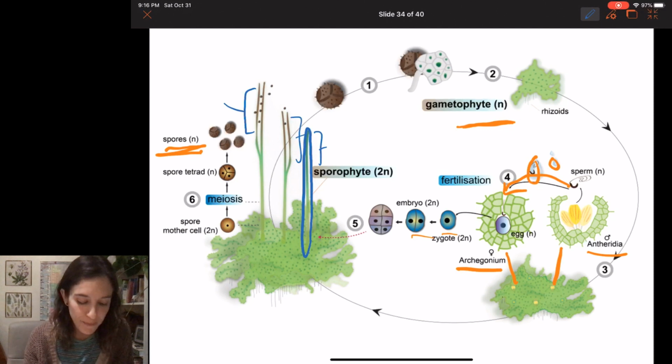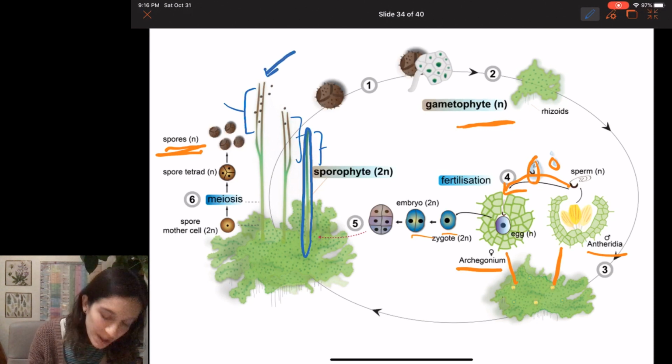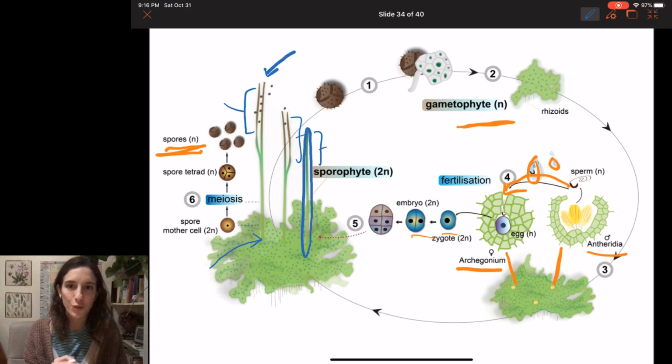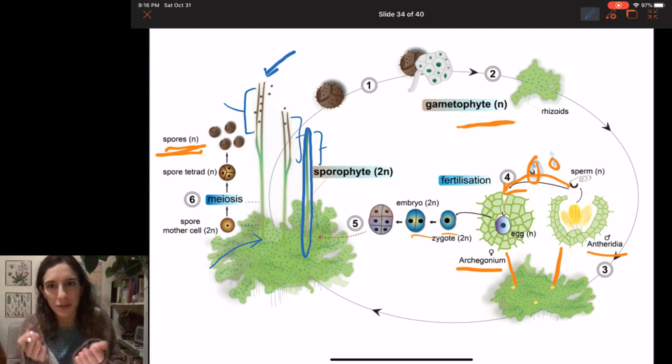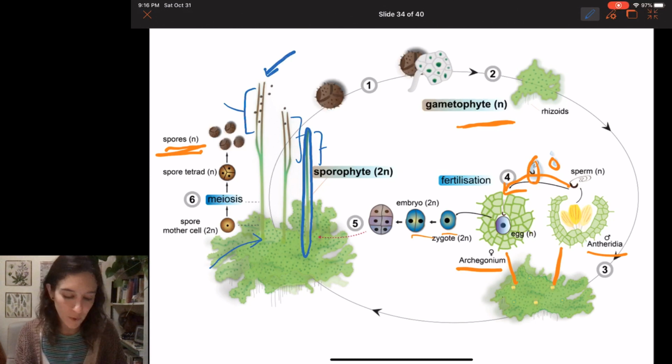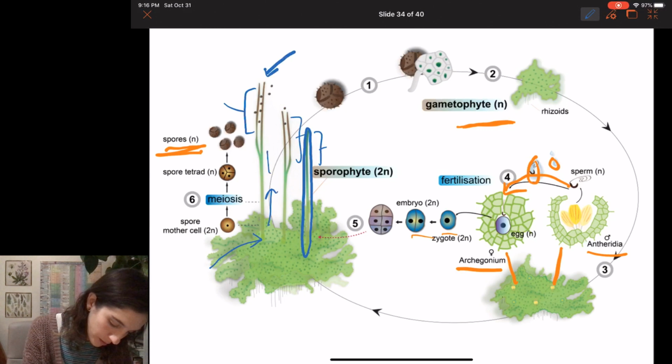And here, the tip is up here, and actually that's the oldest part. The youngest part is down here at the base of the sporophyte, but that's where it's growing. It has a basal meristem. Basal meaning the base. Crazy. So it's growing up like that. Wow.